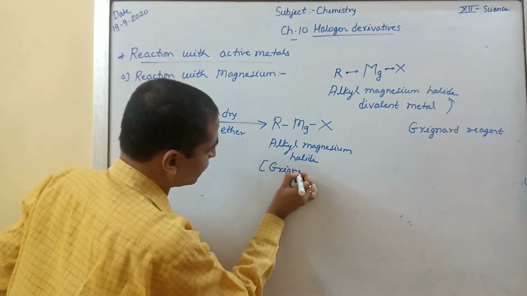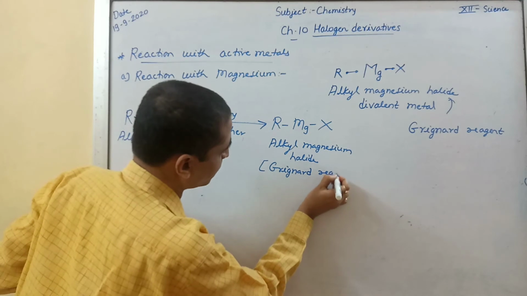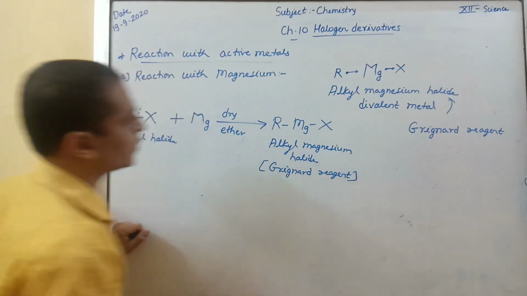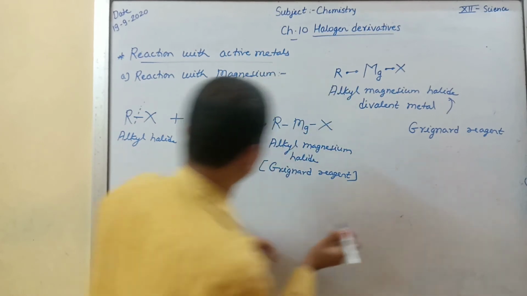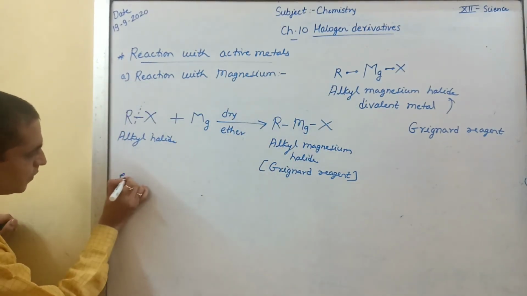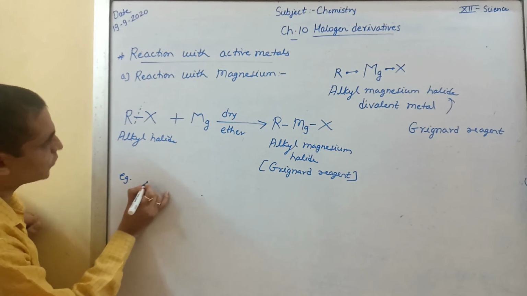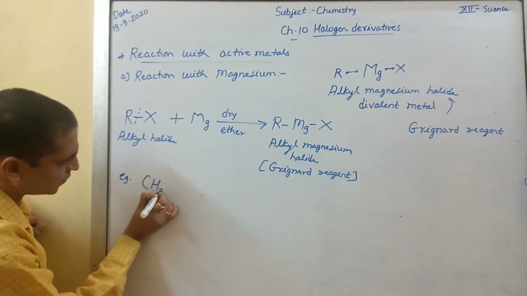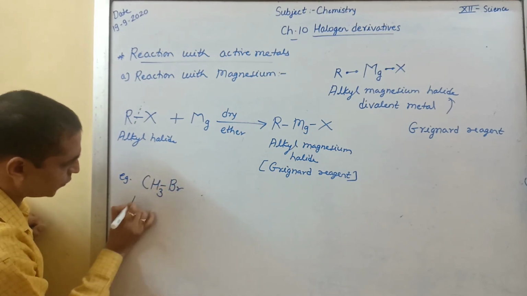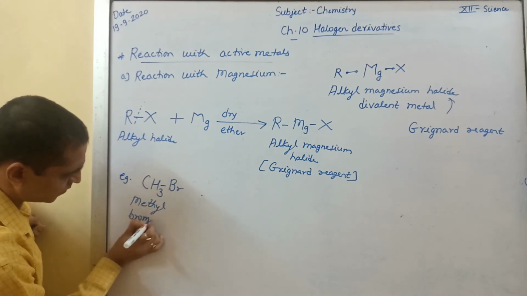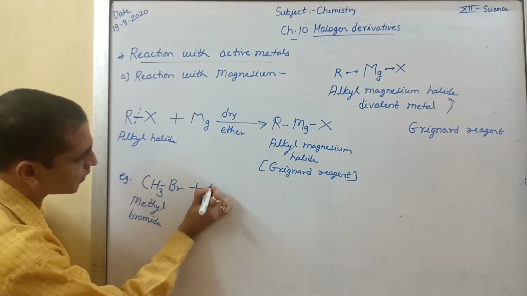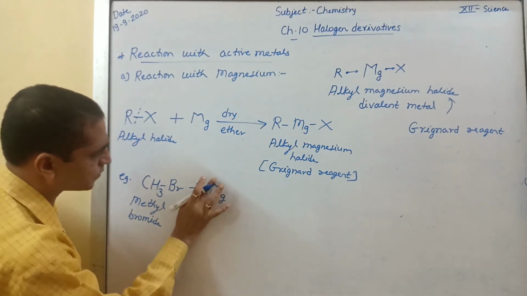Sometimes you are asked what is meant by Grignard reagent. First of all, Grignard reagent is an organometallic compound. See, we'll first take one example and then we'll study the meaning. Take CH3Br, that is methyl bromide, plus magnesium.